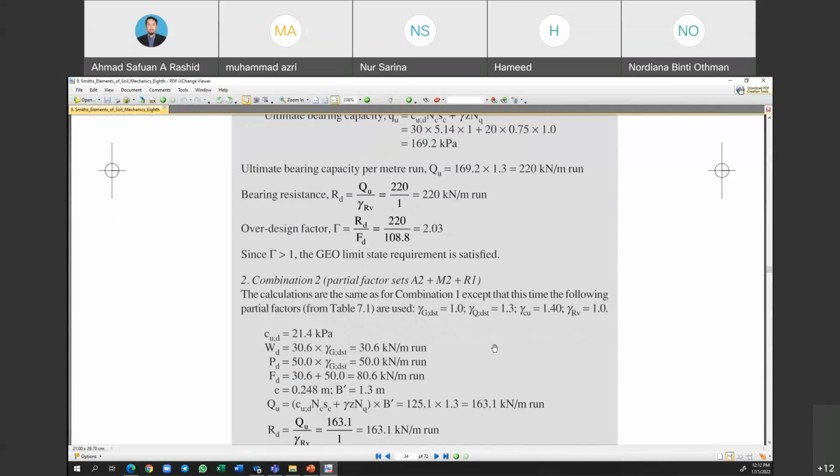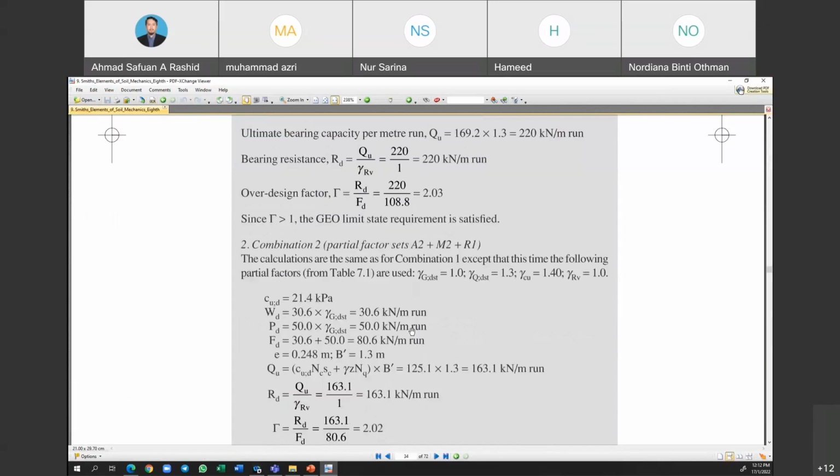Gamma CU is 1.4, gamma RV is 1. The same procedure, just repeat the same procedure, get the E. E is 0.248, B prime is 1.3.